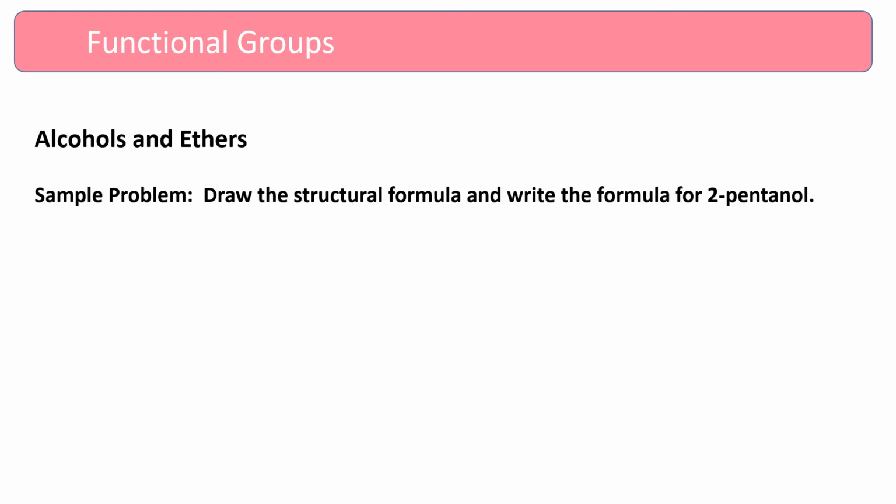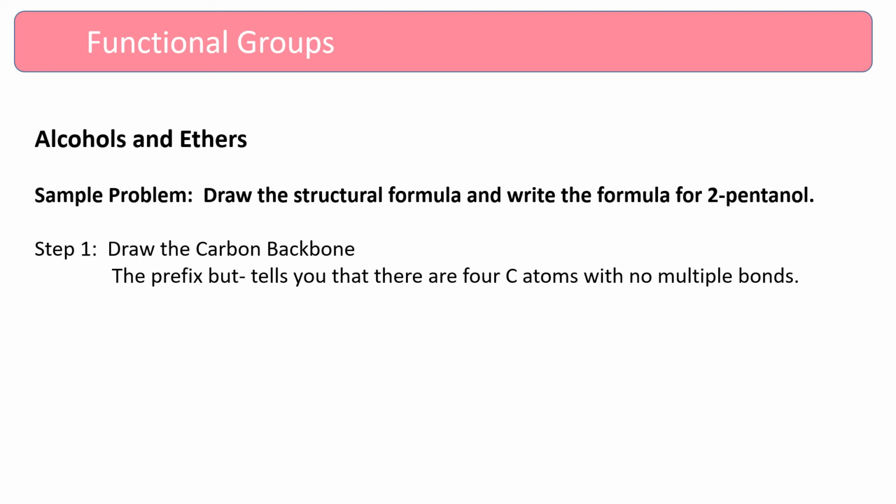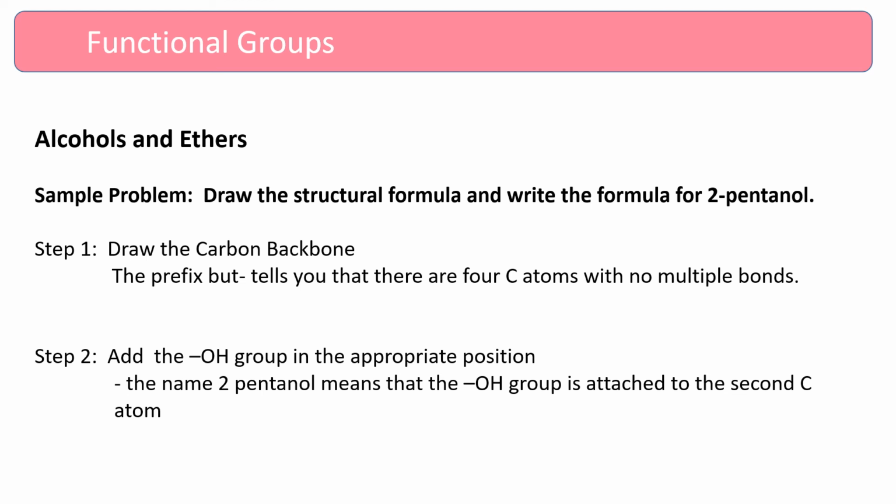Now, let's continue to draw the structural formula and write the formula for 2-pentanol. Draw the carbon backbone. The prefix pent tells you that there are 5 carbon atoms with no multiple bonds. Add the OH group in the appropriate position. The name 2-pentanol means the OH group is attached to the second carbon atom.